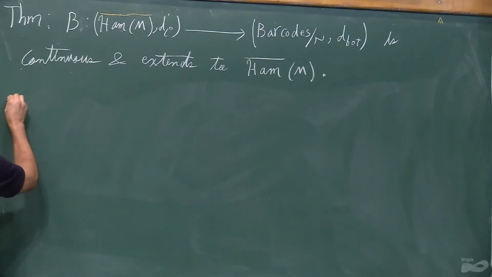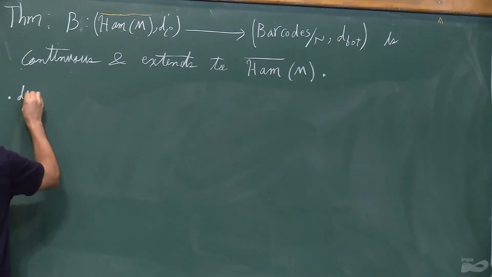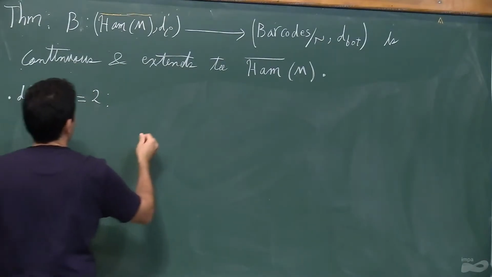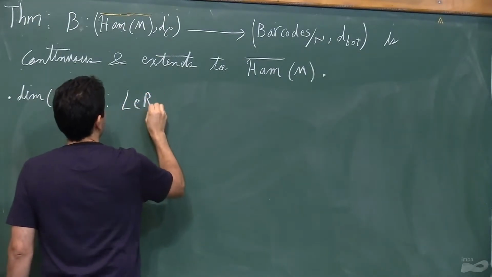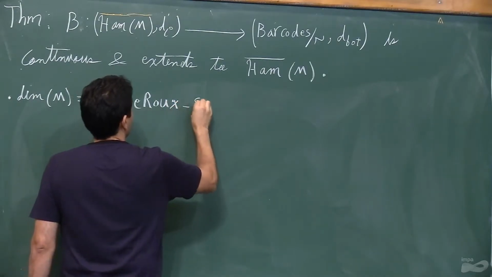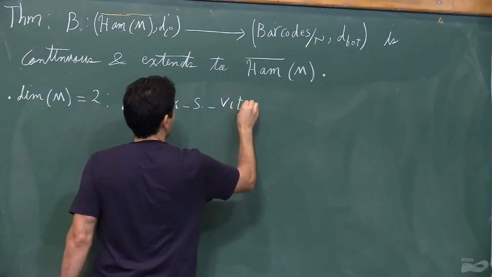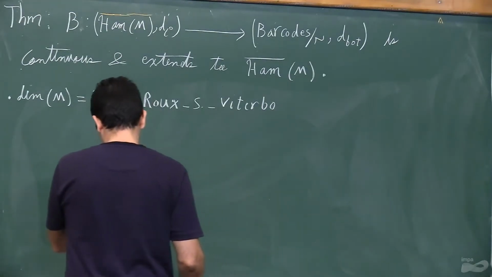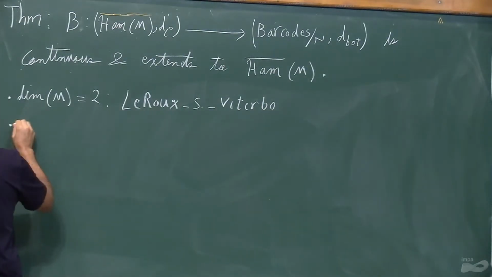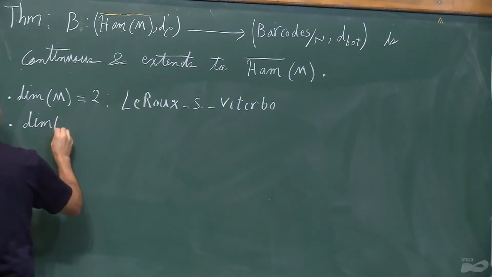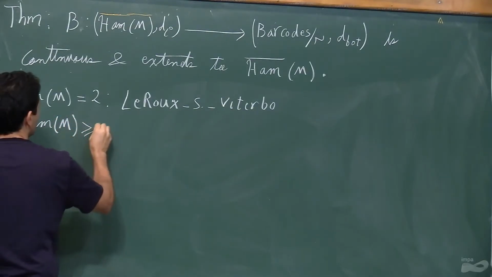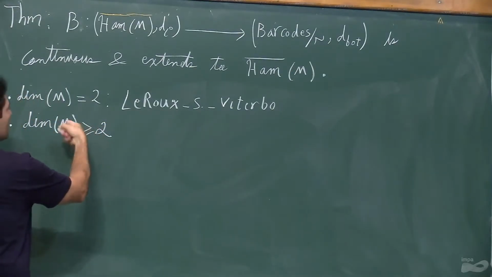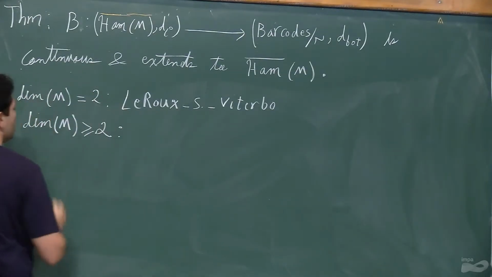So this theorem was proven, as I said, in several stages. On surfaces, this was proven in a paper by Frédéric Le Roux, myself, and Viterbo just a couple of years ago. I can't remember the year now. And then there was another proof. What was new was for the case of dimension 4, but the proof that we gave afterwards works in dimension 2 as well.